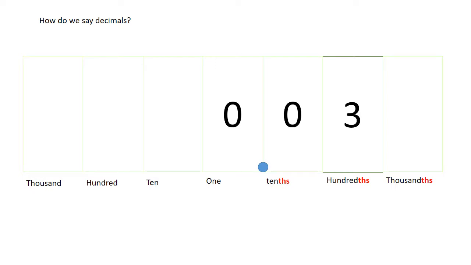I have no holes, no tenths, no thousandths. Your answer should be 3 hundredths. Finally, over here, if I take a look, I have no holes, no hundredths, no thousandths, only 9 tenths. Very good. Very good.